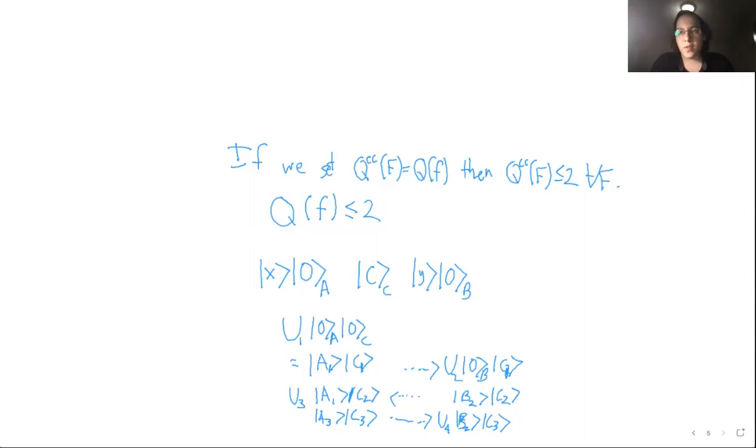And at the end, they want to output f of xy, so they want to measure some part of the register A and some part of the register B, some sub-register of A and sub-register of B, and they want to get f of xy there as a result for both. So they both want to output f of xy. So that's a quantum communication protocol. This is how we define a quantum communication protocol.